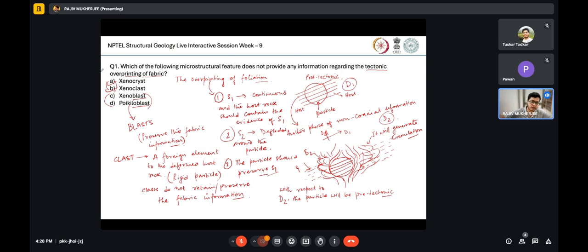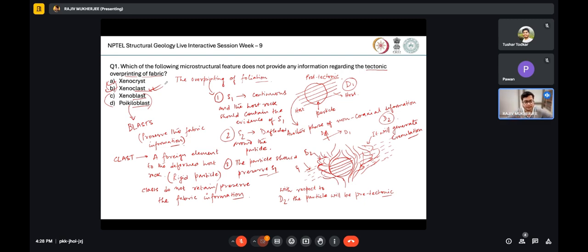So even though both answers A and B are correct, which is more appropriate for the sense related to structural geology and the overprinting relationship of tectonic fabrics? I would say option B is a much more robust answer than combining xenocryst and xenoclast. So in that sense, xenoclasts are essentially particles that would not preserve any information regarding the overprinting relationship of tectonic fabrics.